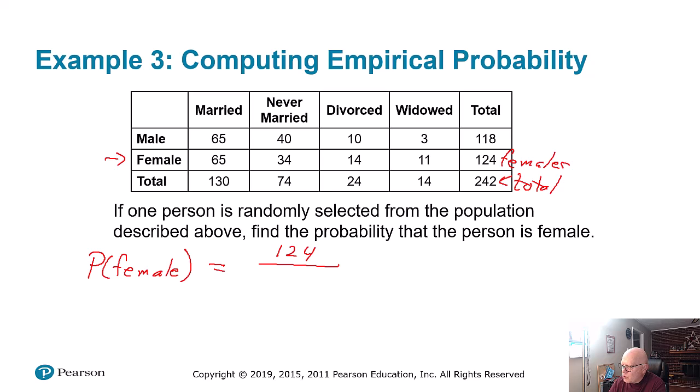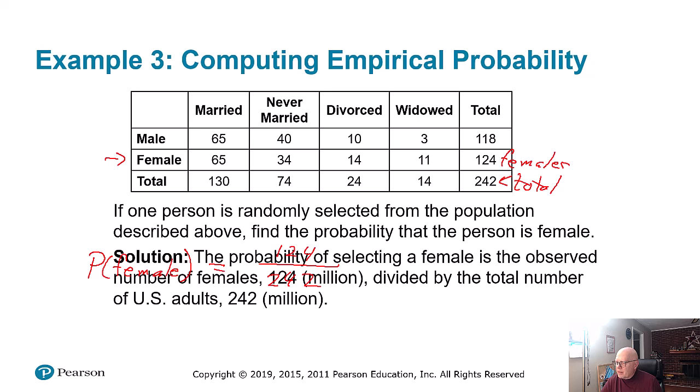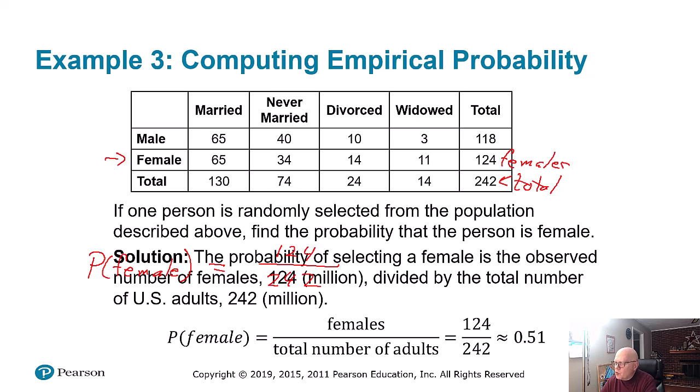So females 124, 242 for the total. So divide those, and there's your probability of being a female if you select one person from this particular group that we sampled.